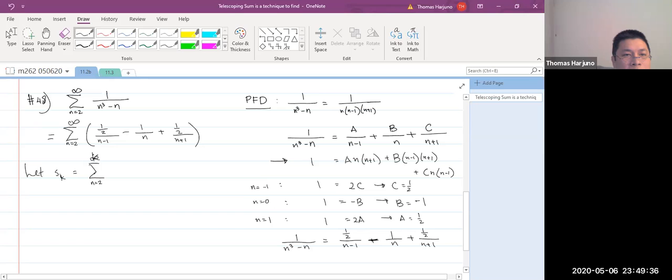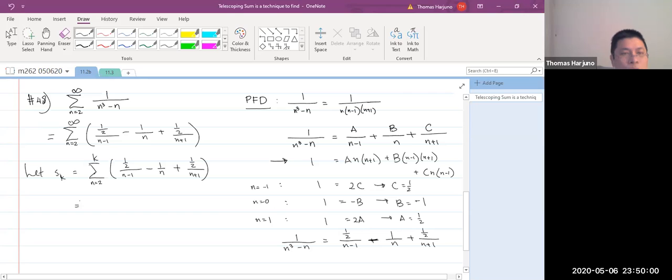This is K here, not infinity. Let me erase it first. That's a K here, and then the term 1/2 over N minus 1, minus 1 over N, plus 1/2 over N plus 1.